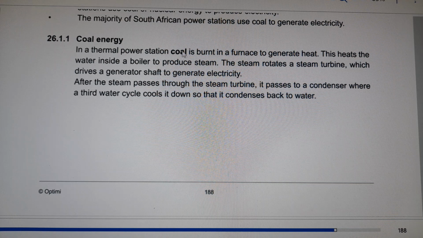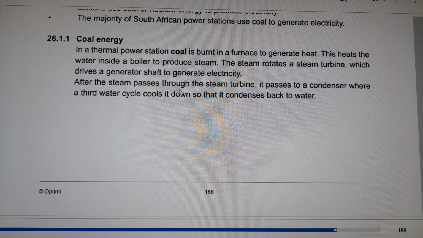So we take coal, we burn it in a furnace, and the heat heats up the water inside the boiler to produce steam. That steam rotates the turbine, which drives the generator shaft, and the generator shaft will generate electricity.